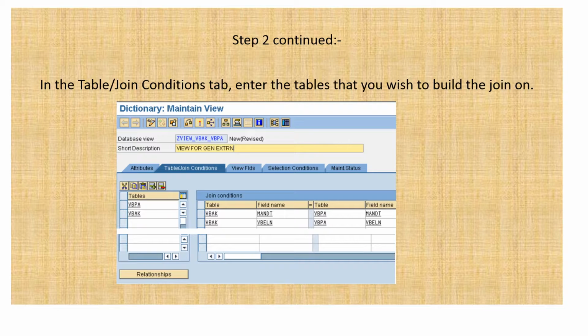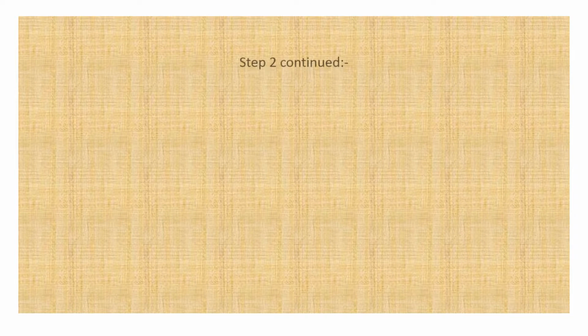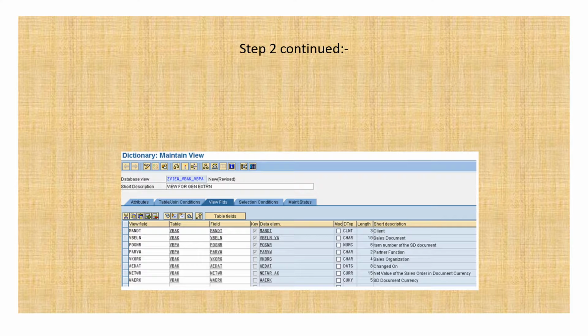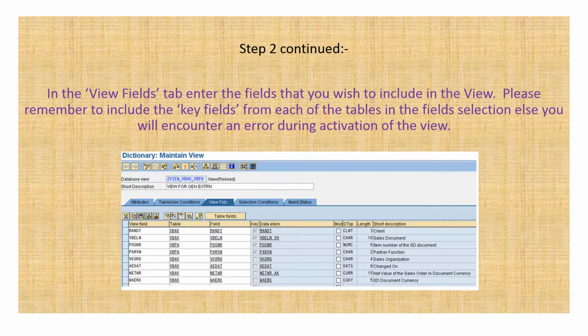Those fields are used here in the joins, and you have to select them in these options. Now we move to the next part of step 2. Here you have to go to the fields, choose the fields you want, and save it.